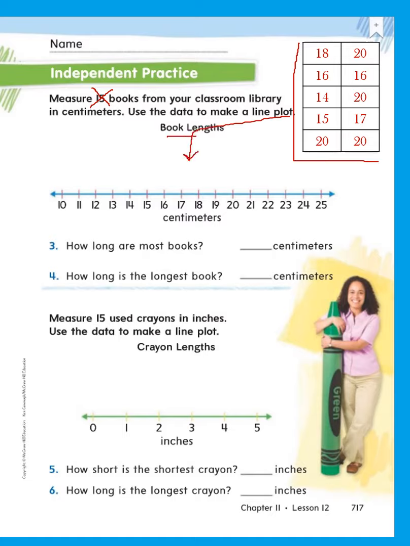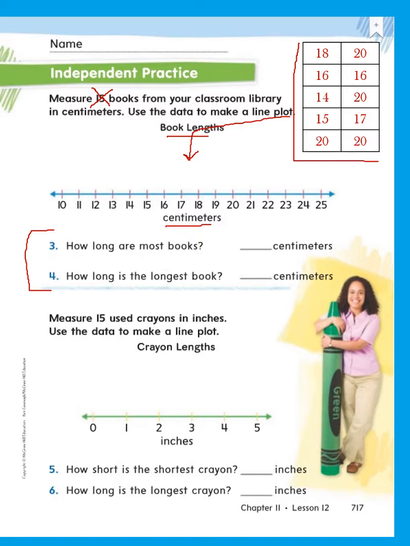Okay, it says here book lengths. It's in centimeters. I've done the measurement for you. And once the line plot is all set, answer questions 3 and 4. Okay, you could answer 3 and 4 just by looking at that chart of numbers, but it's so much easier on a line plot. It's so much easier to see all of the information.